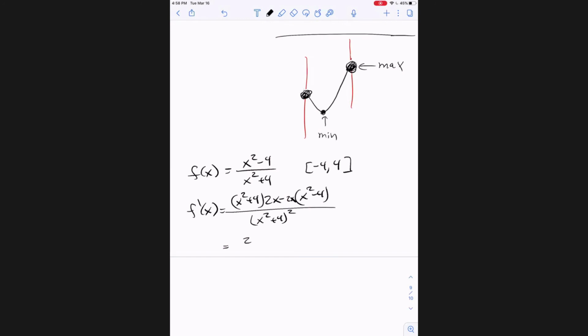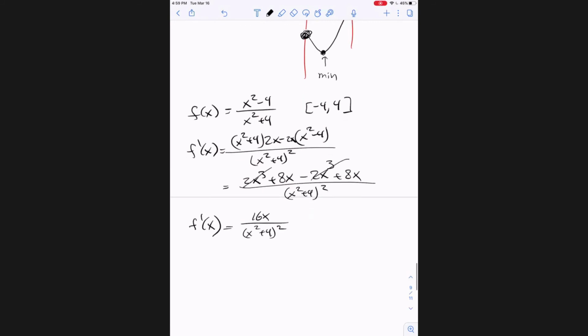So we get 2x cubed plus 8x minus 2x cubed plus 8x, all over (x squared plus 4) squared. It's very similar to the other one that we did with fractions, but this one, the 2x cubes cancel out. So you get 16x over (x squared plus 4) squared. Notice here, again, the denominator can never be 0.